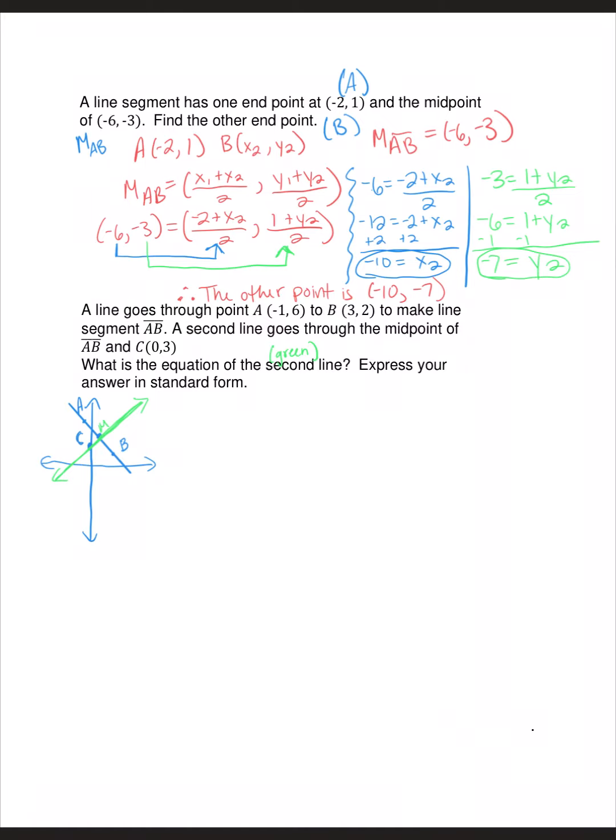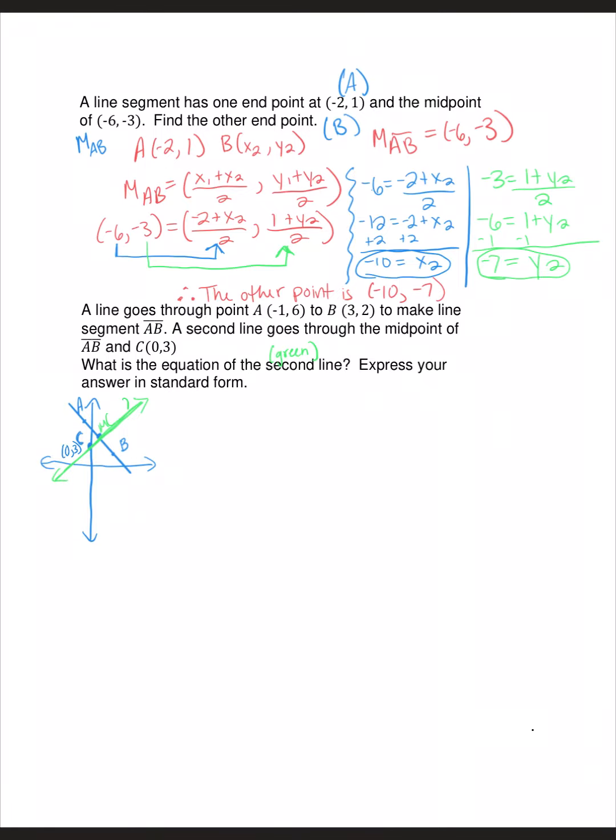So we're first going to work to figure out what that point M is, because once we have another point, maybe we can start working towards finding at least the slope of that green line. Okay, so we remember C is at (0, 3). We need to figure out the coordinates of this midpoint here.